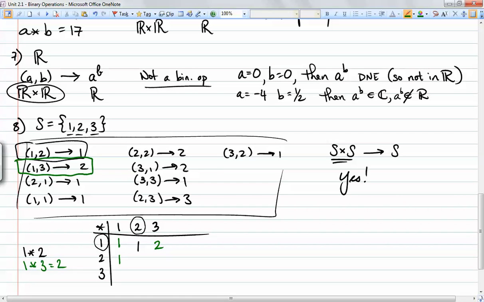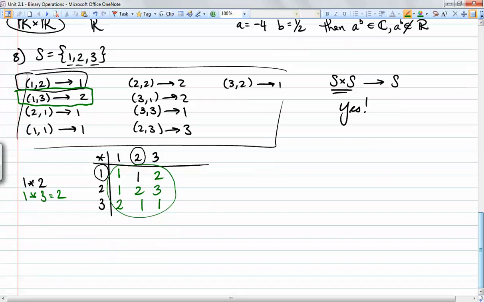Let's see, what's next? 2, 2 is a 2. 3, 1 is a 2. 3, 3 is a 1. 2, 3 is a 3. And 3, 2 is a 1. So you can also do a check this way. You can basically just look at everything here and see, are all those elements of S? And if they are, then you're good. Okay.